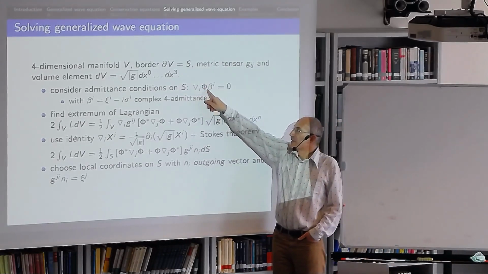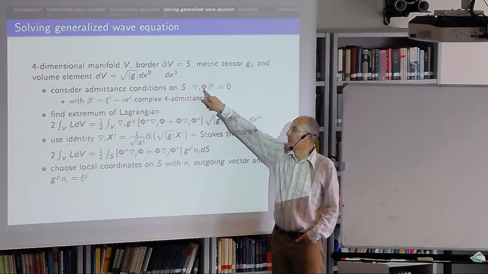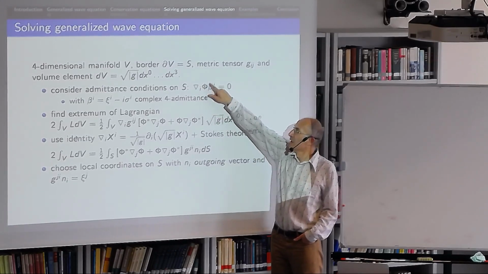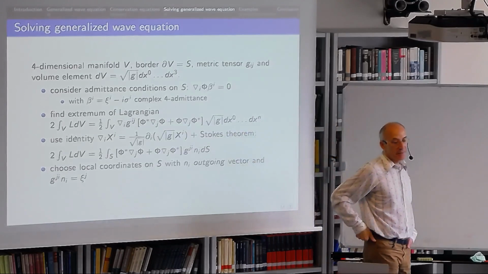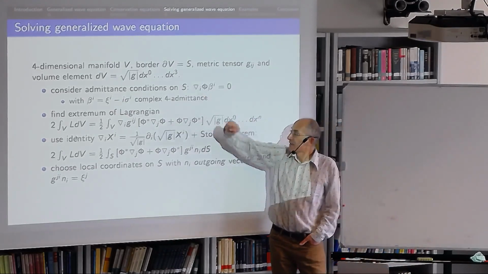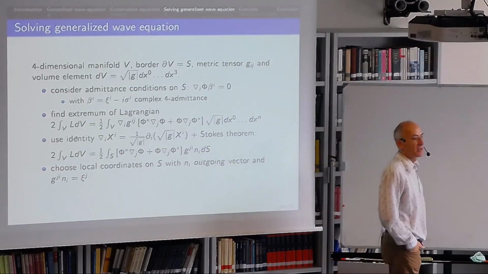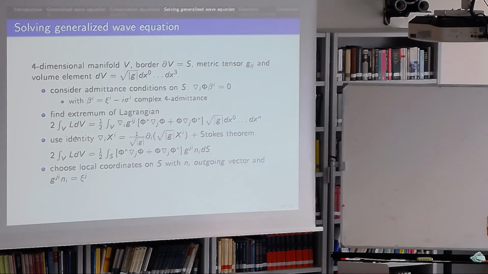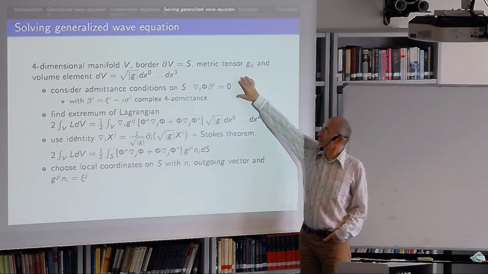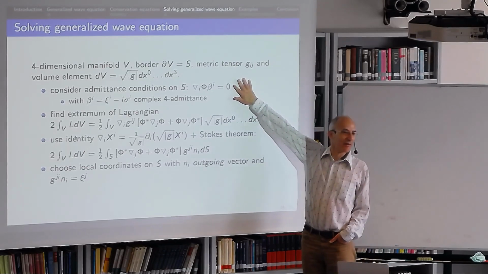It implements the velocity. Since the velocity is a covariant tensor, the admittance must be a contravariant tensor, otherwise we cannot build the scalar product. And since it is a boundary condition, we put 0 on the end.